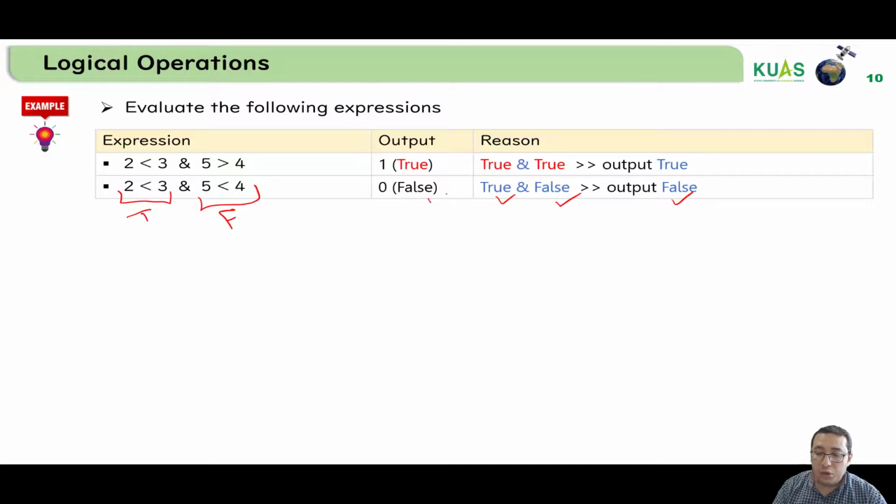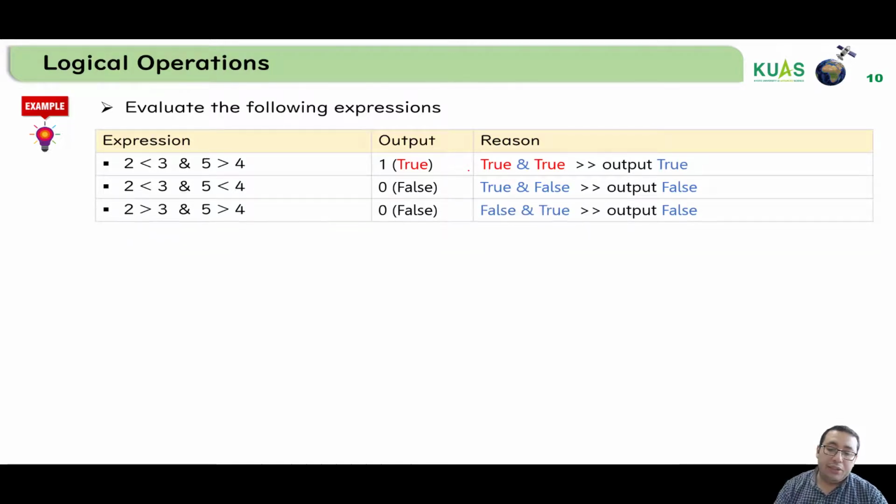So the total output is false, because in the end, the two terms should be true. Let's consider the next one. 2 bigger than 3, that's false. And 5 bigger than 4, that's true. So if we have false and true, the output will be false.